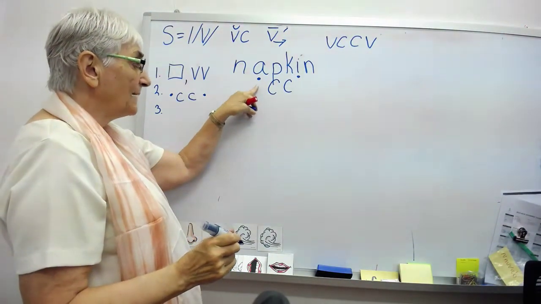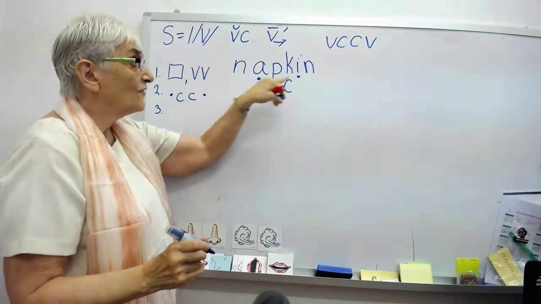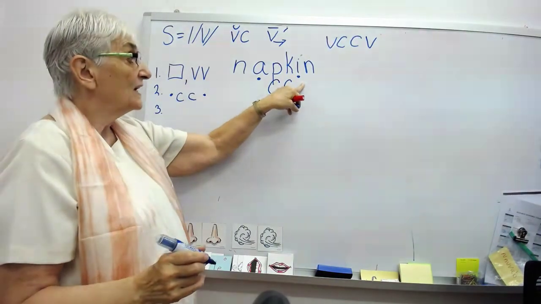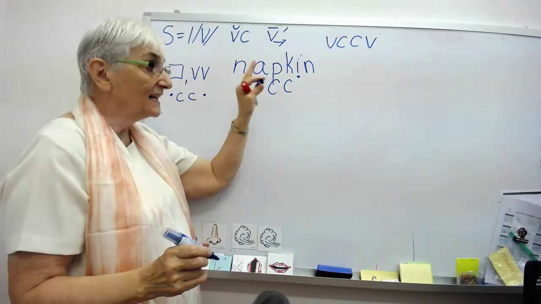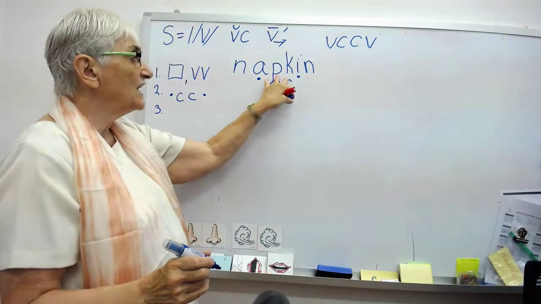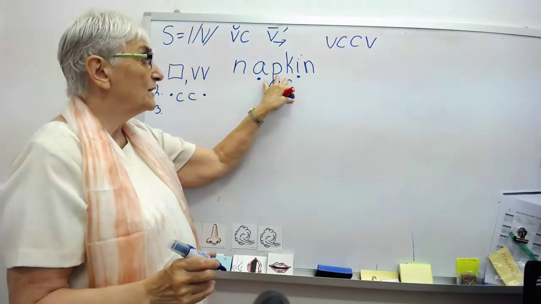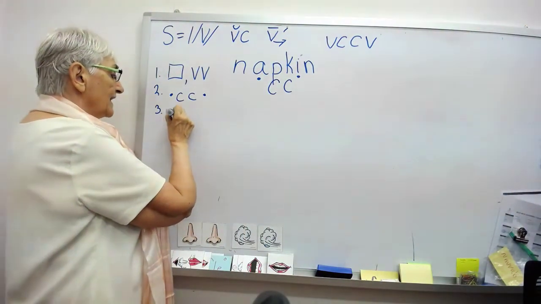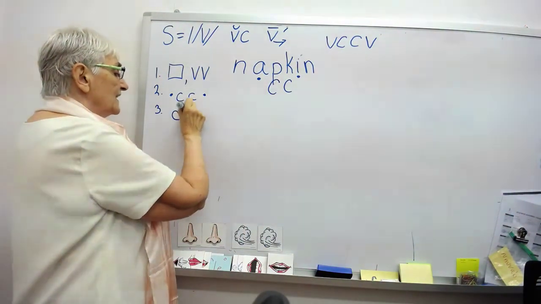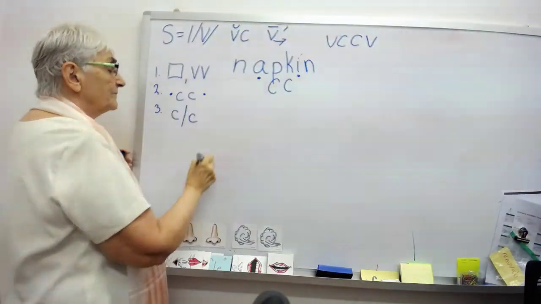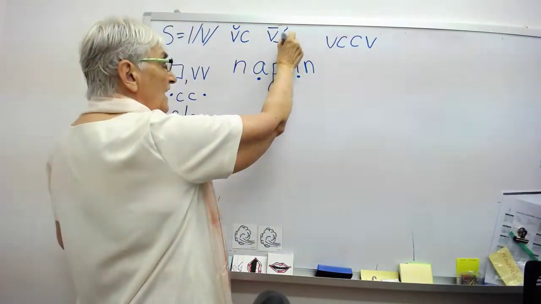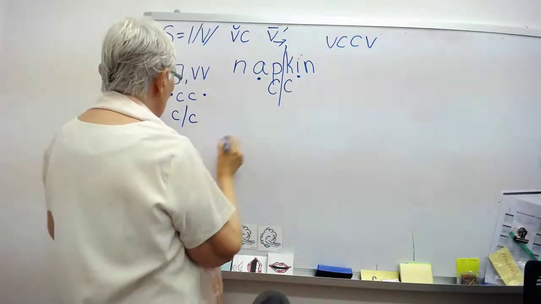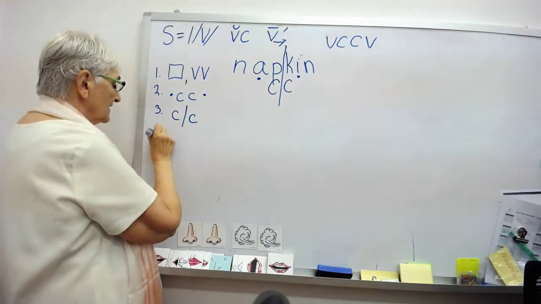I have to separate this vowel from that vowel. And in English words, when you see two consonants between the vowels, you will usually break it between the consonants. So I'm going to draw a line between those two consonants.